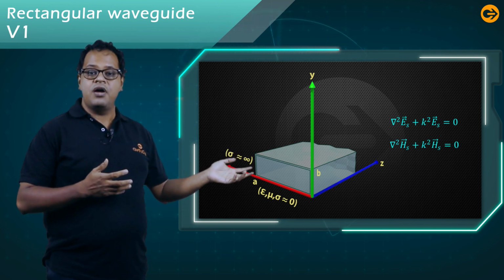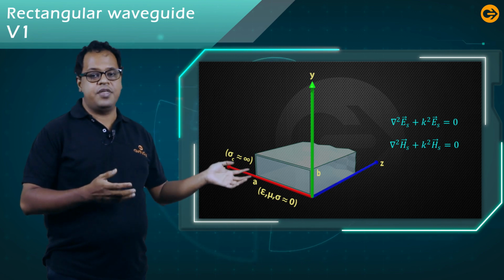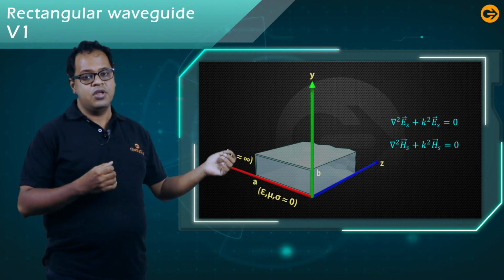So what is our overall equation? Mu is equal to mu 0 mu r, epsilon is equal to epsilon 0 epsilon r. What we have discussed is that in a rectangular waveguide, the wave is propagating along the z direction, and the electric field and magnetic field both have three components, Ex, Ey, Ez and Hx, Hy, Hz respectively.